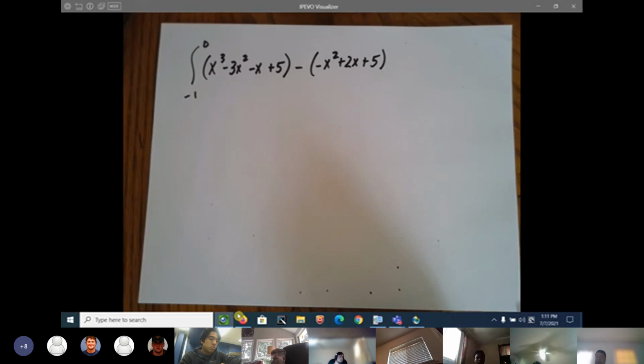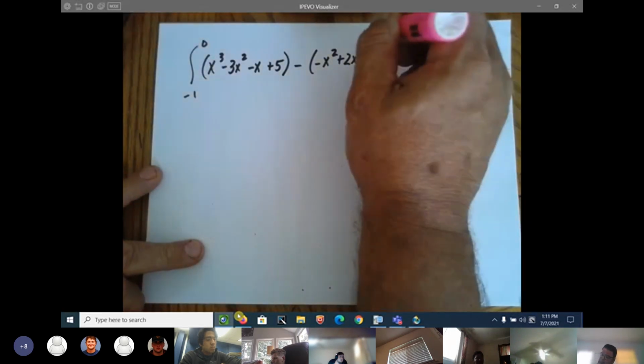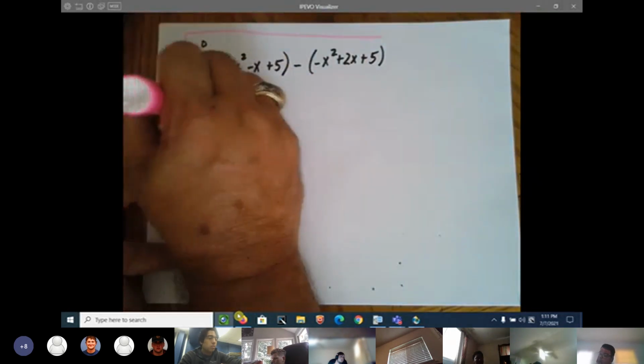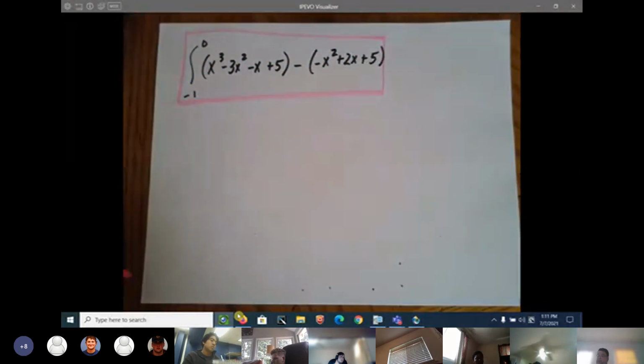All right, that's the area of the pink region. And I'm going to take my marker. And that's the pink region. Right there.